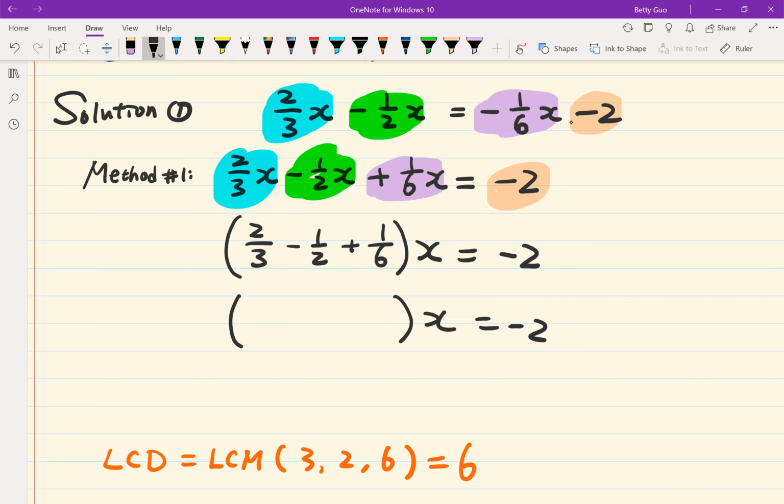Yeah. And this 2, you want to change to 6, right? You triple it, right? Yeah, triple it. And then you do the same thing on the numerator. So you have the negative, doesn't change the sign. It is negative 3/6, right?